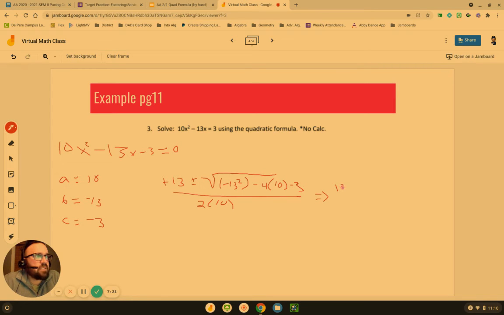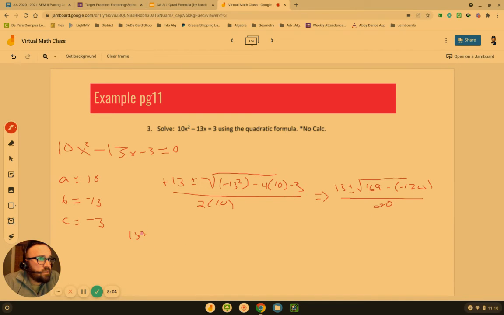So positive 13 plus or minus the square root. 13 squared is 169. 169 minus 4 times 10 is 40. 40 times negative 3 is negative 120, all over 20.